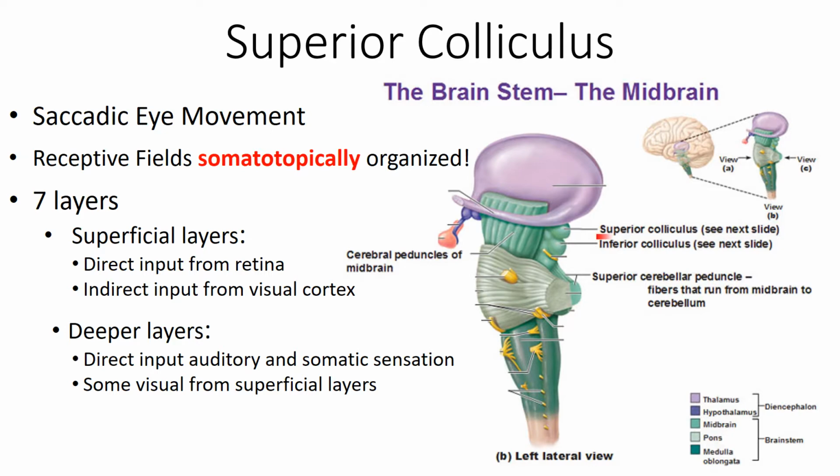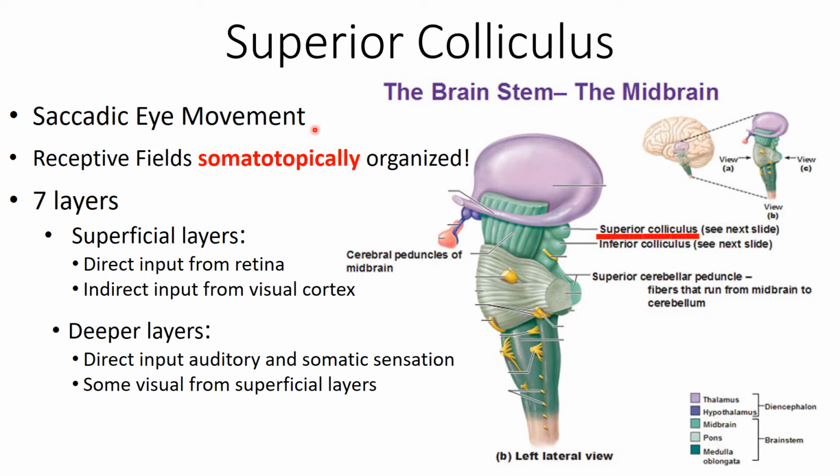So let's talk about the second one, the tectum, and in particular the superior colliculus. As we said, this region is important for saccadic eye movements. Saccadic eye movements are just basically the typical eye movement. If you move your eyes from left to right or up or down, you're using saccadic eye movements.